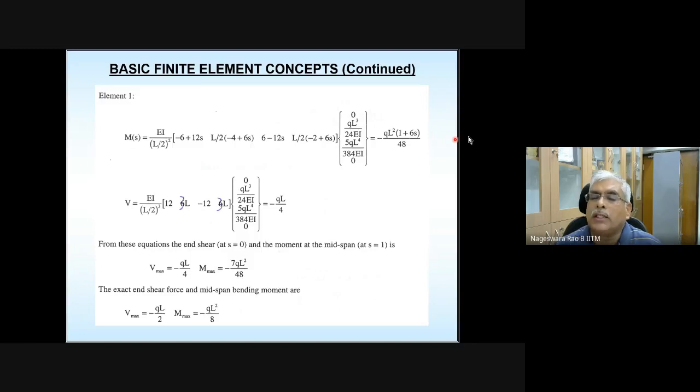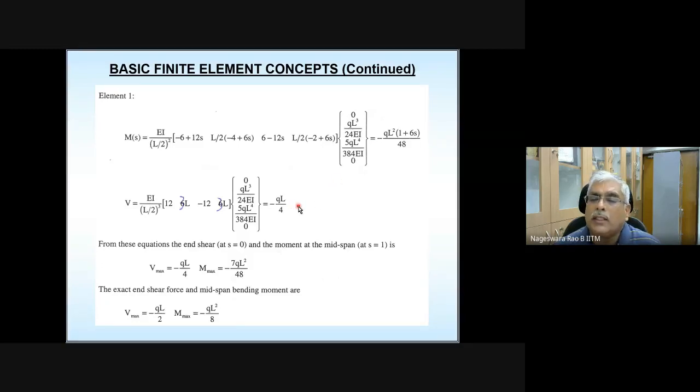You get that solution and use sign conventions for internal moments and shear. Keep this point in mind, and write appropriately and then add to this. Then that is going to give you the exact solution, even with one element. Here it is illustrated with two elements, but you don't even need two elements.